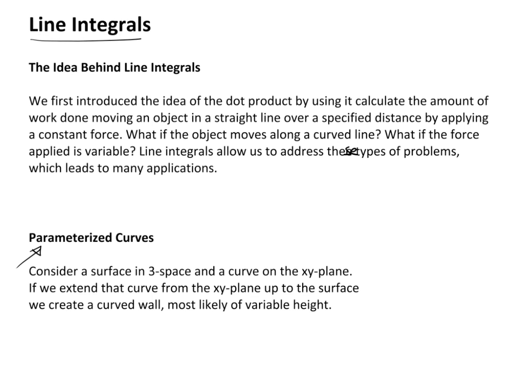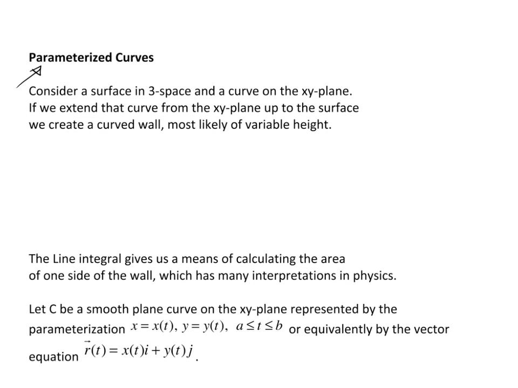So let's see if I can just quickly draw a picture of what I'm talking about here. I'm dealing with 3 space. And let's just say I have some surface sitting here in 3 space. I'm just interested in the surface itself.